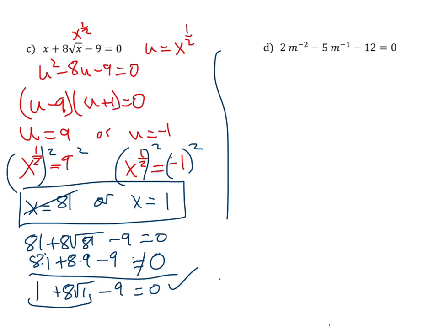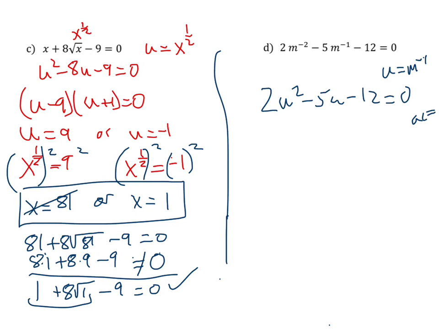All right, last one here to substitute. We're going to let u equal m to the -1. And so this is 2u squared minus 5u minus 12 equals 0. Now we've got to do some careful factoring here. We can use our AC method.